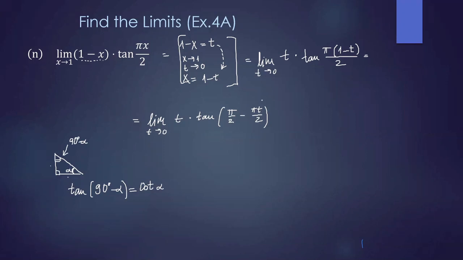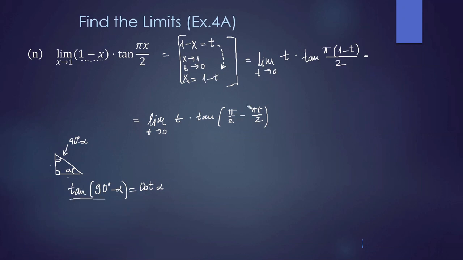What was adjacent to alpha is now opposite to 90 minus alpha. In other words, tangent of one acute angle in a right triangle is the same as cotangent of the other one. Or in general, I can rewrite tangent of 90 degrees minus some angle alpha as cotangent of just alpha. That's angle reduction.